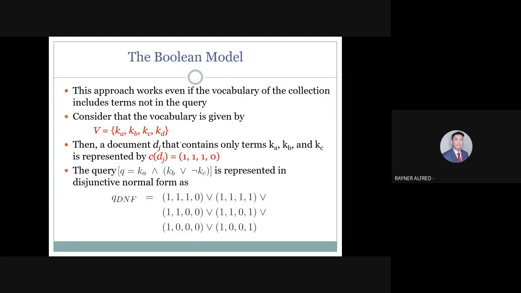Okay. Let me give you an example here. Consider we have 4 keywords here. And let's suppose we have a document that contains A, B, C, and we do not have D. Okay?